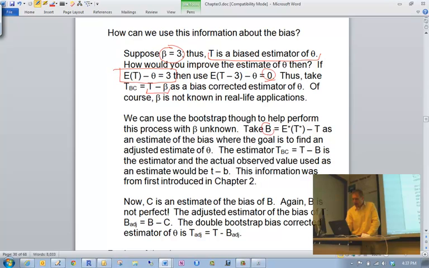We let B then be the estimator of this bias using the bootstrap. And then we take our bias corrected statistic to be T minus B instead. So instead of having a beta there, we put a B. Makes sense. In actual application then, you would observe a T and you would observe a particular bias as well. Okay, so that was introduced in Chapter 2.